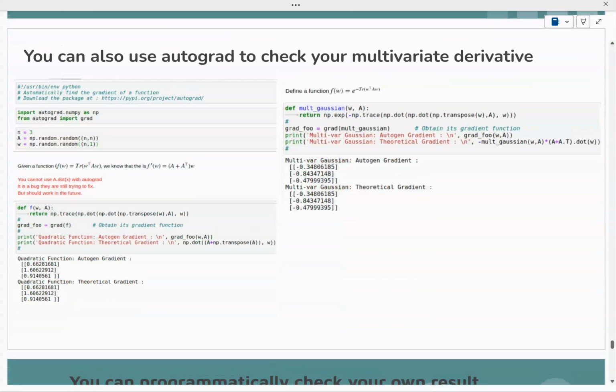In a previous video we did the univariate case, and I showed you how you are able to check your answer. Basically, you can write out your derivative and then get the Python version of the derivative. If you compare the results, you can confirm whether your derivative is correct or not.